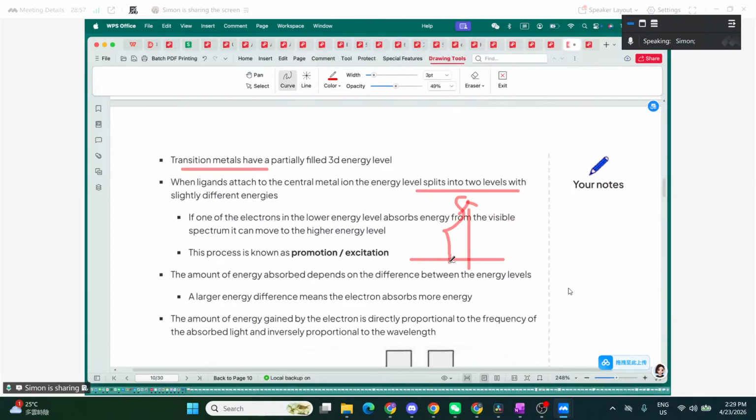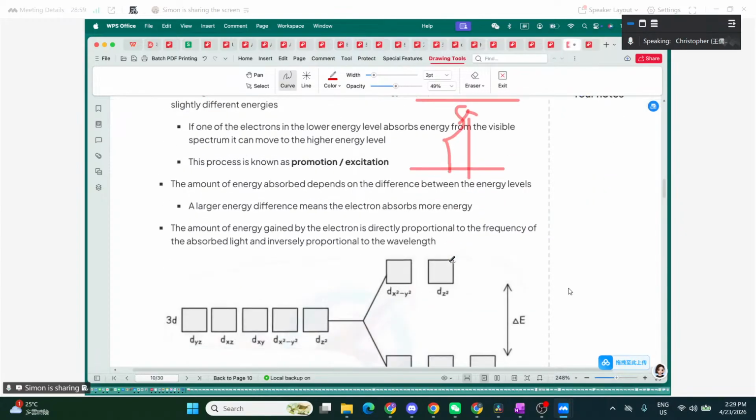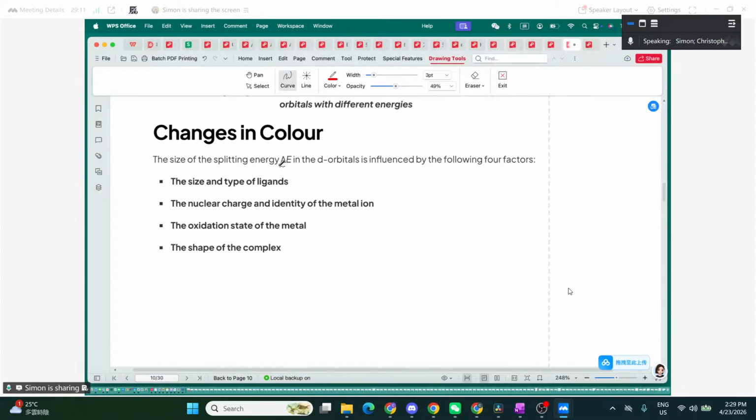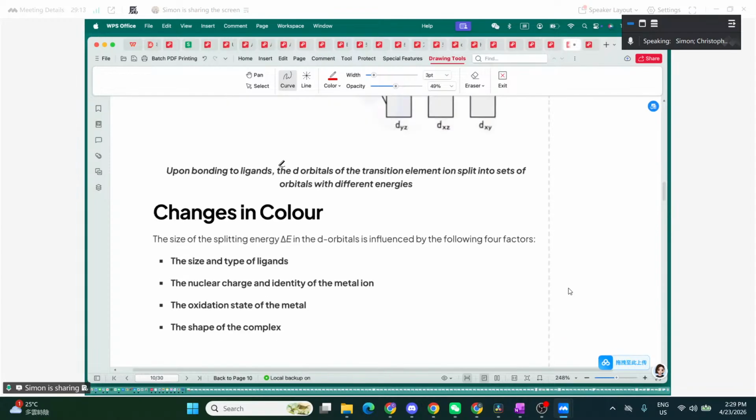The amount of energy absorbed depends on the energy level difference. The next section is the changes in the color.